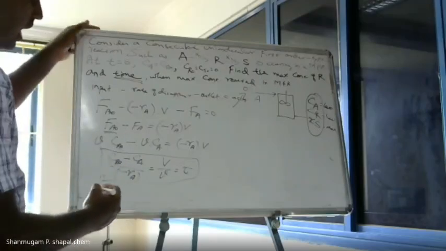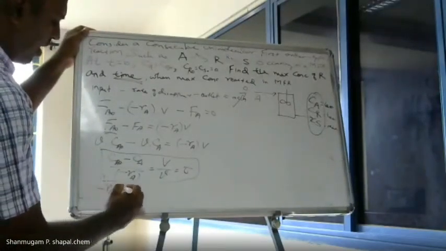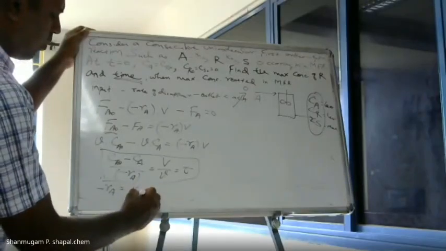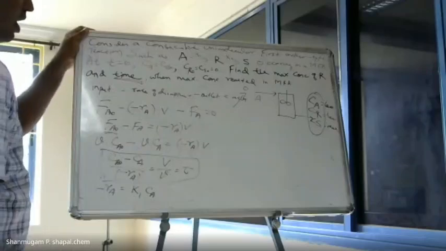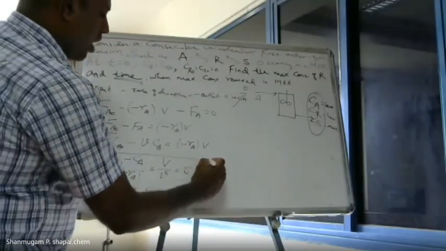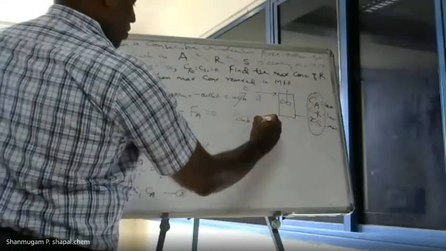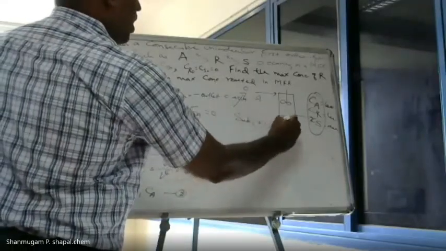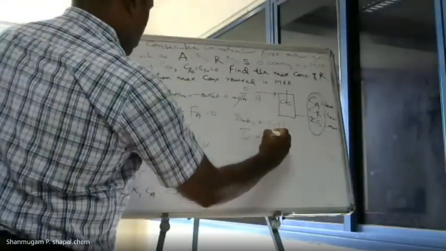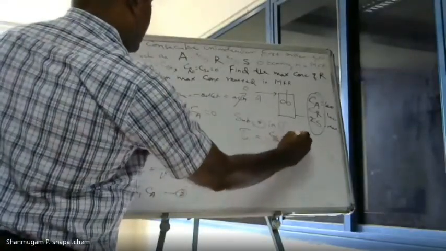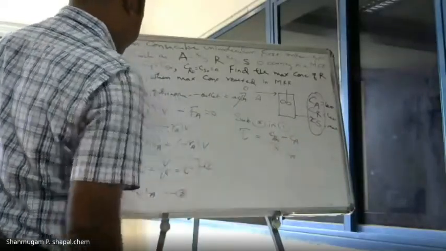And now from here, what is minus RA? It is equal to K1 CA, because this is first order in A. You put this as 2 and substitute 2 in 1. So tau equal to CA naught minus CA by K1 CA.